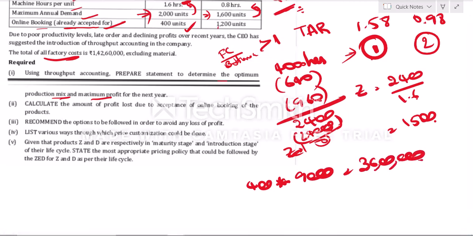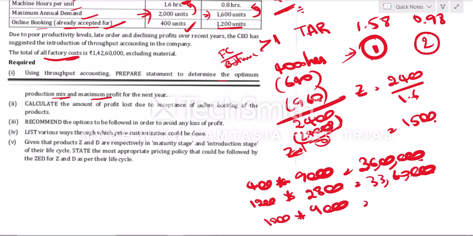Next, for 1200 units, what is the contribution? 2800. 33,60,000, plus again 1500 units we are producing of Z, so 1500 into 9000, 1 crore 35 lakhs.